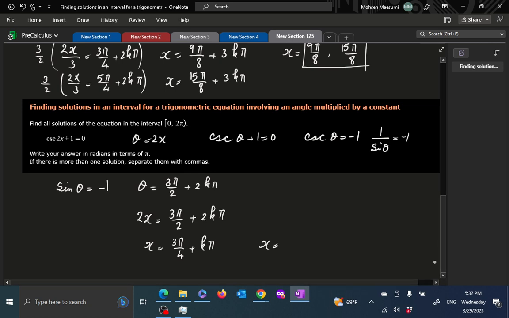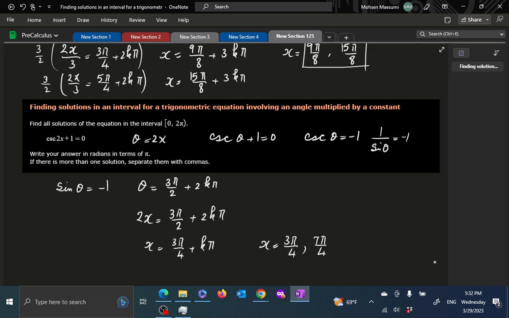So of course, if I let k equal 0, I get an answer that is acceptable, 3 pi over 4. It is in the range we want. If I add 1 pi to it, what do I get? I get 7 pi over 4. That is acceptable because it is less than 2 pi.